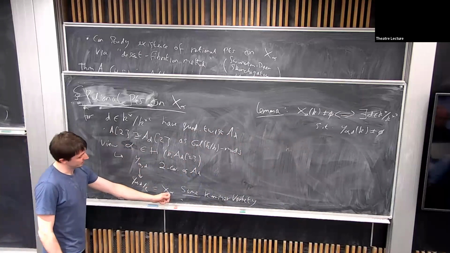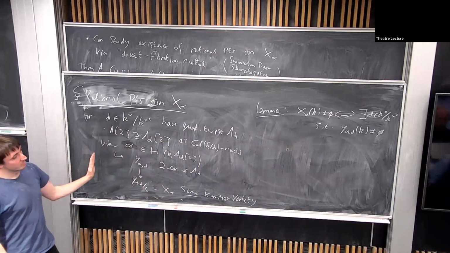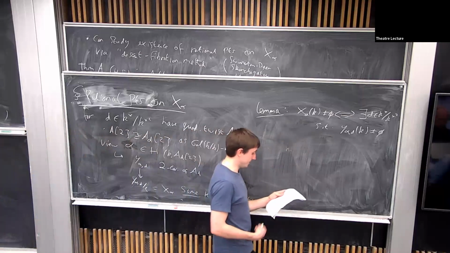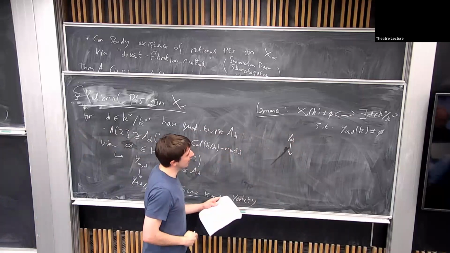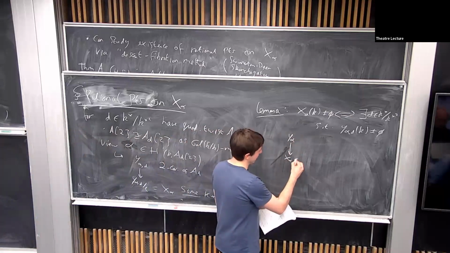In general, a rational point on the Kummer variety, you don't expect it to lift to a given covering, but it does turn out to lift to one of these twists. So the way to think about this is you start with your original two-covering, mapping down to this Kummer variety. So you have a point here.